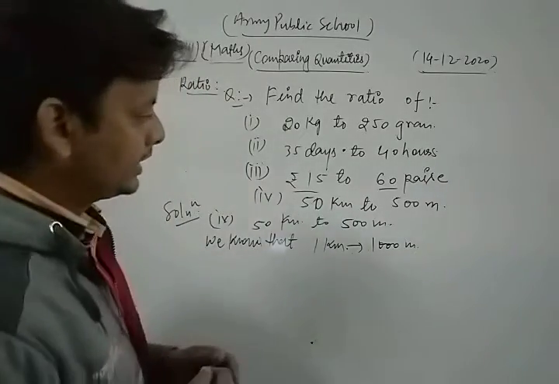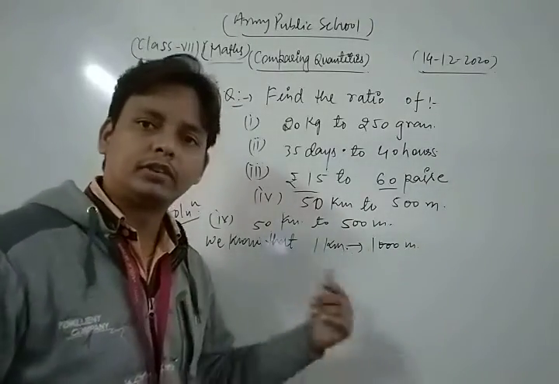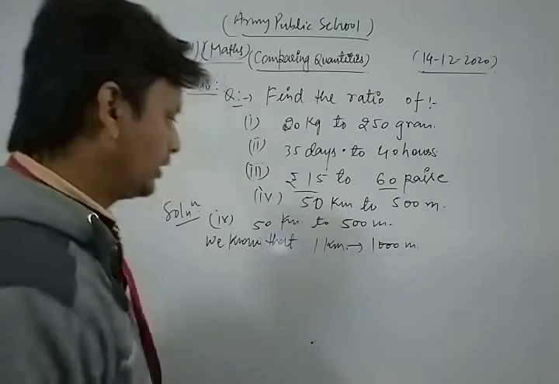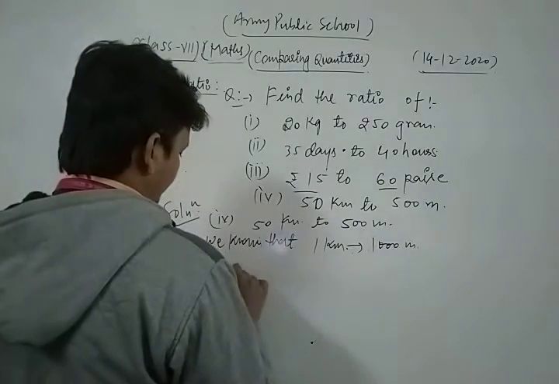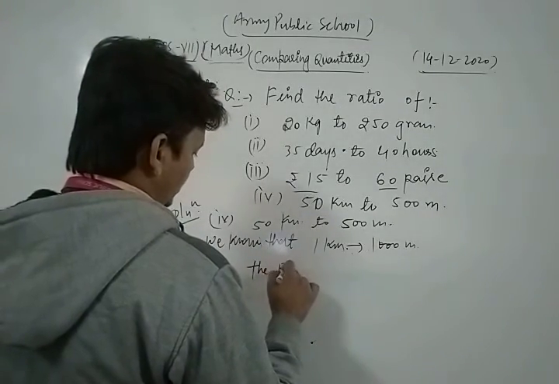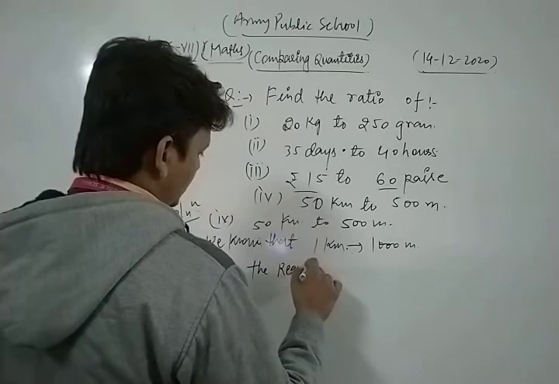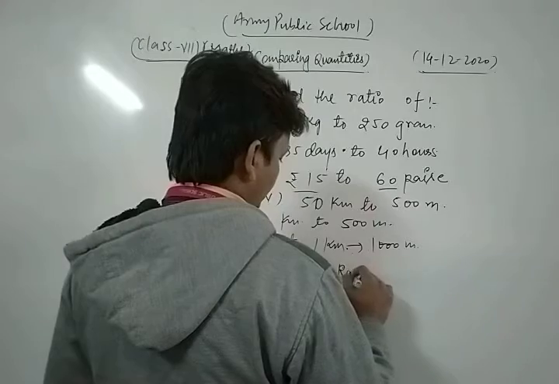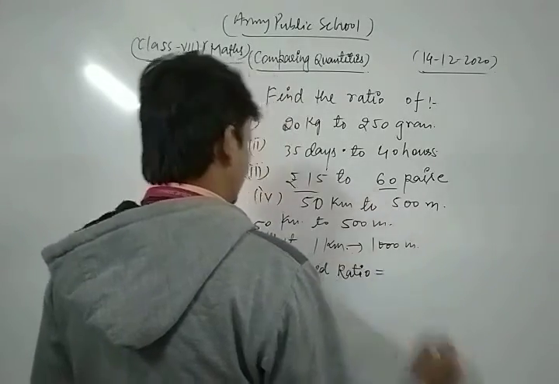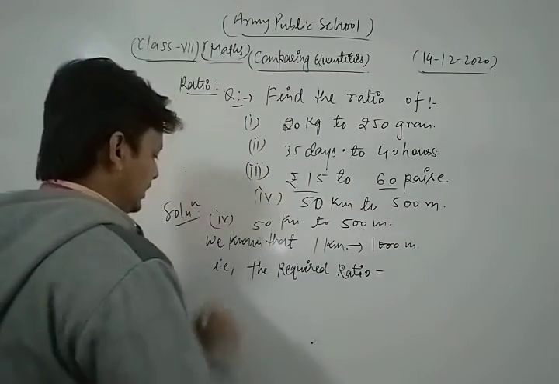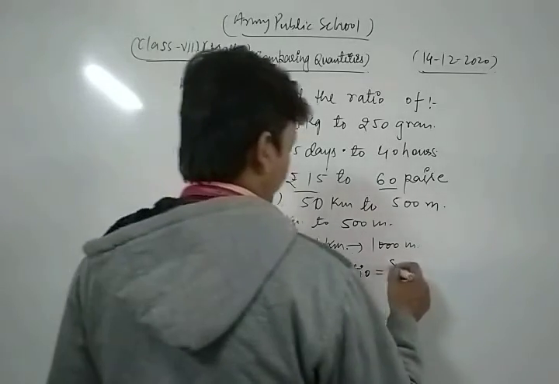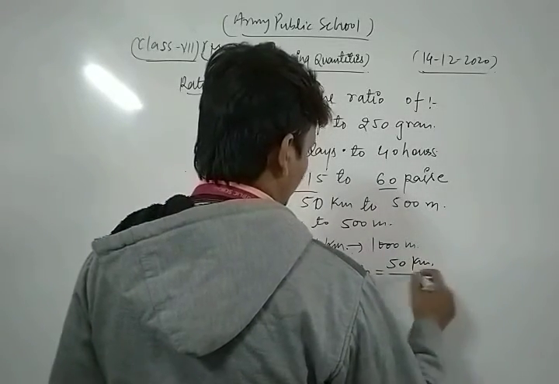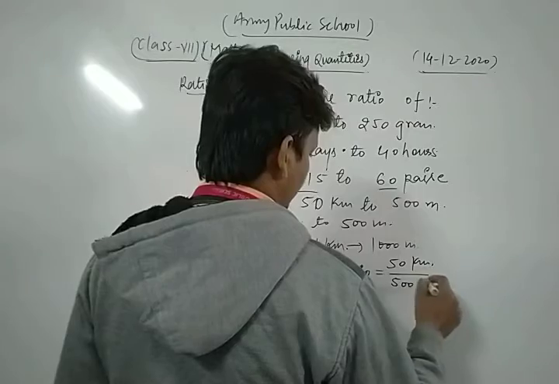So for finding the ratio between them, first of all we convert it into the same units. That is, the required ratio is 50 kilometer to 500 meter.